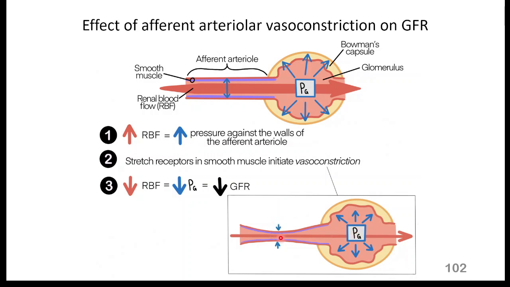As we decrease the renal blood flow, it will decrease the glomerular hydrostatic pressure, and thereby decrease the glomerular filtration rate. So this is what happens when you cause vasoconstriction in the afferent arteriole. The hydrostatic pressure within the glomerulus reduces, and the GFR.